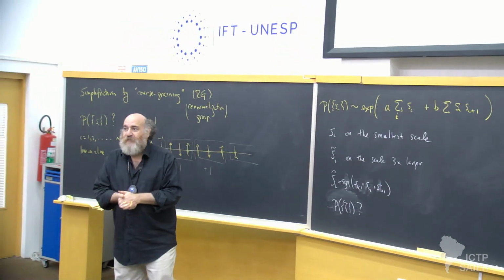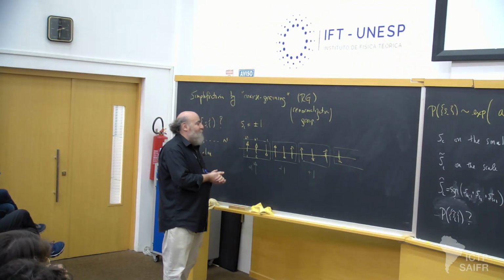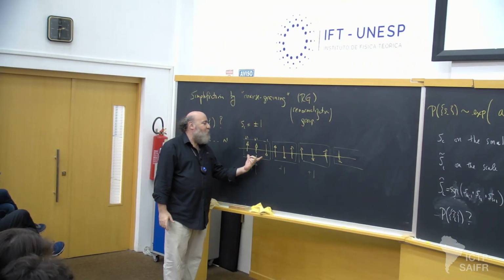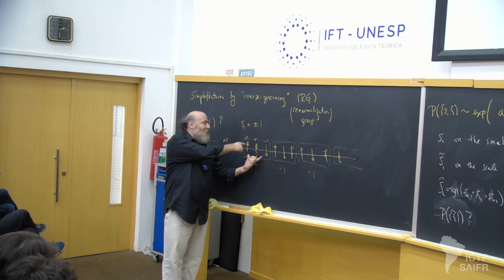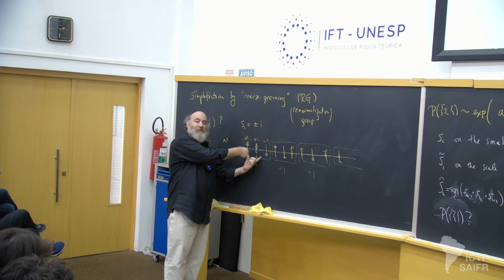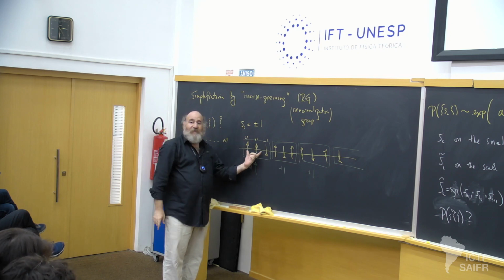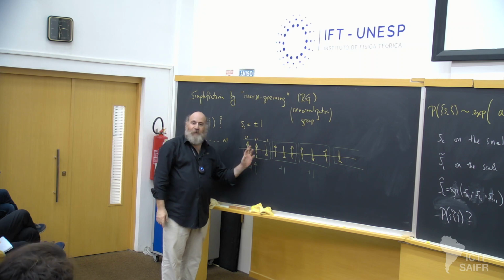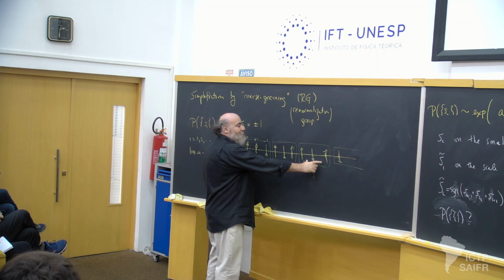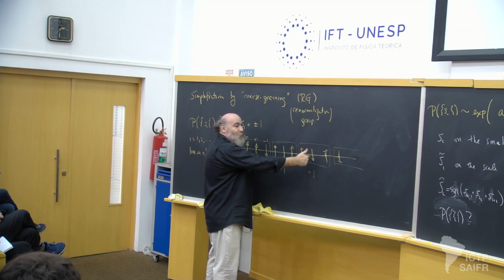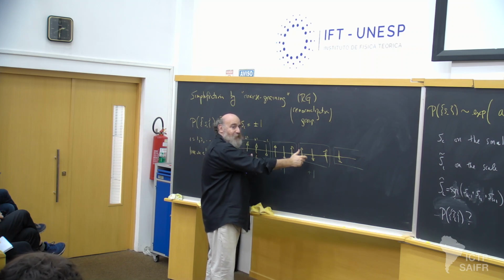And the thing you have to realize is that if I tell you S tilde at this site, I'm telling you something about these three variables, right? I'm telling you, let's say, that they're 2 up and 1 down inside this box. I don't know how they're arranged. And if I tell you the value of S tilde at this site, if I tell you it's +1, then I know that there's two +1s and 1 -1, but I don't know how they're arranged.